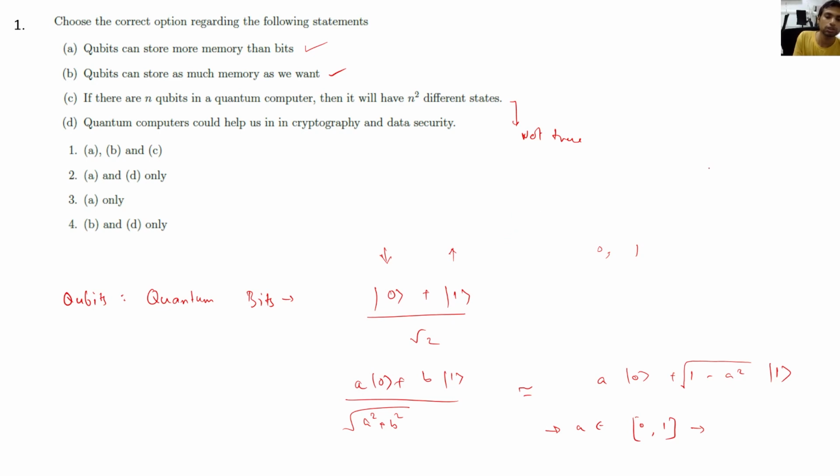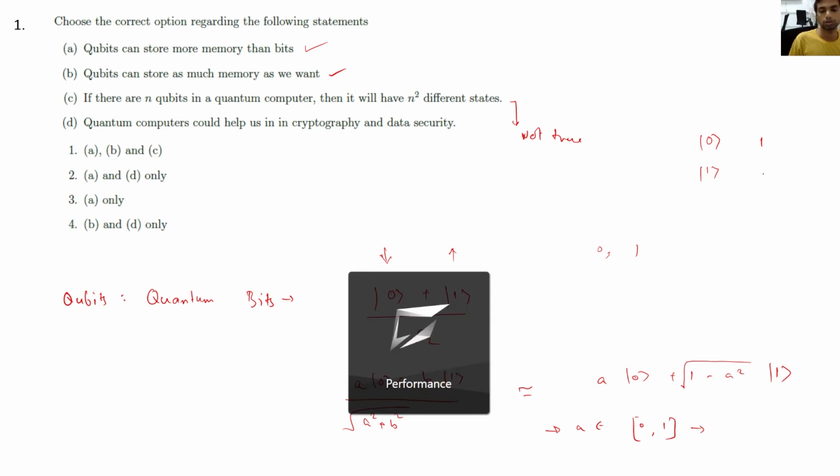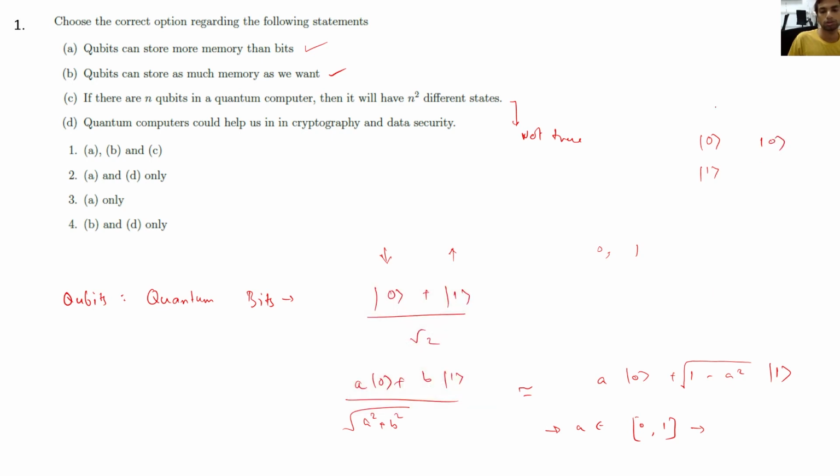So for example, let us say we have two qubits. These two qubits can be 0 or 1. This is the first qubit, and this is the second qubit, and this also can have 0 or 1.